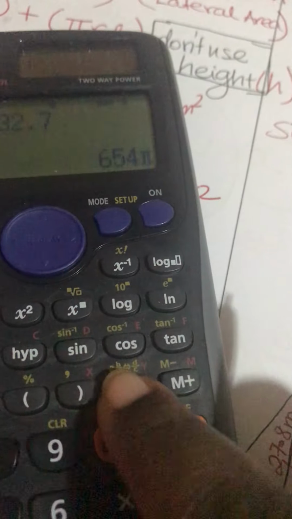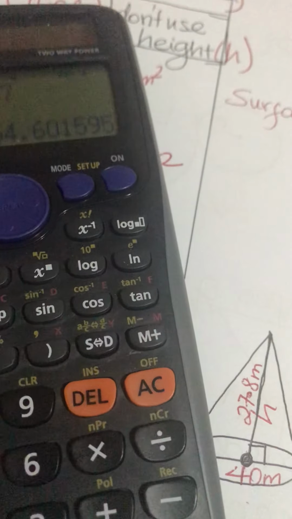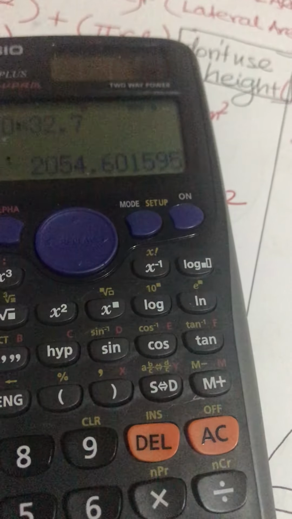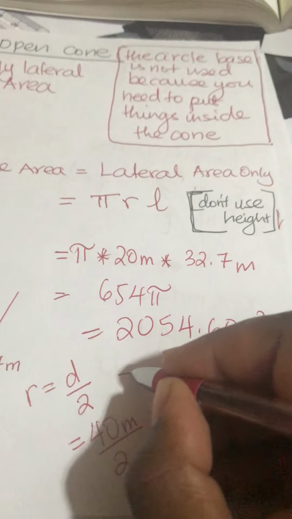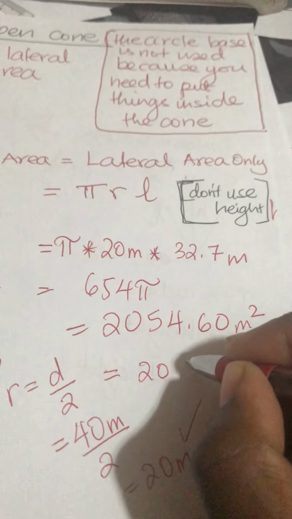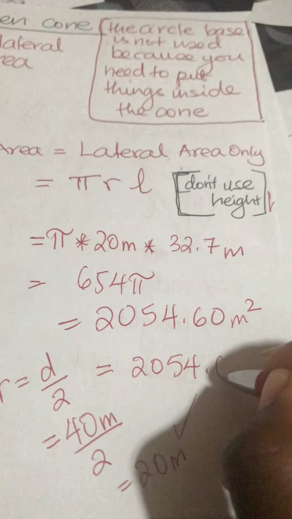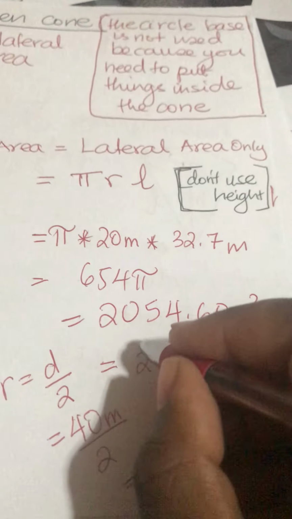Change it to decimal. I get 2054.60 meters squared. And what is our answer? 2054.6 meters squared.